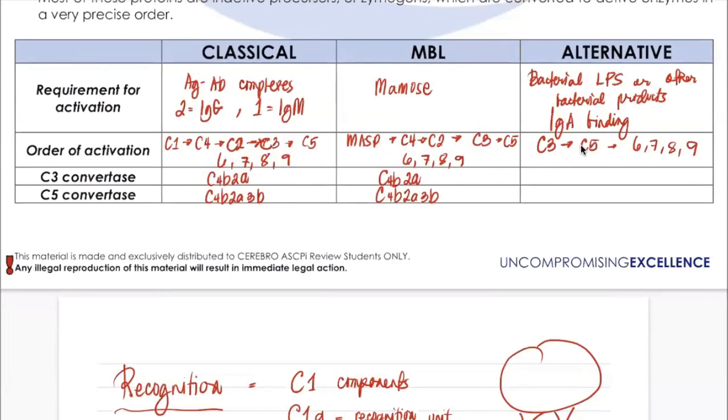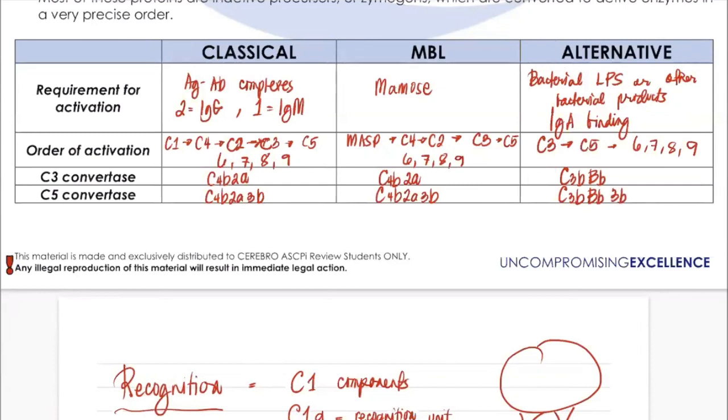Kasi pag wala kang C3, hindi ka talaga makakamount ng complement activation kasi it really requires C3. Okay? Now, for the C3 convertase of alternative, that is C3bBb, and yung kanyang C5 convertase is C3bBb3b.